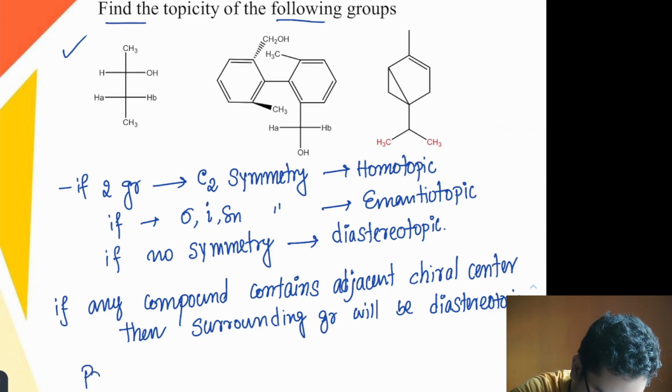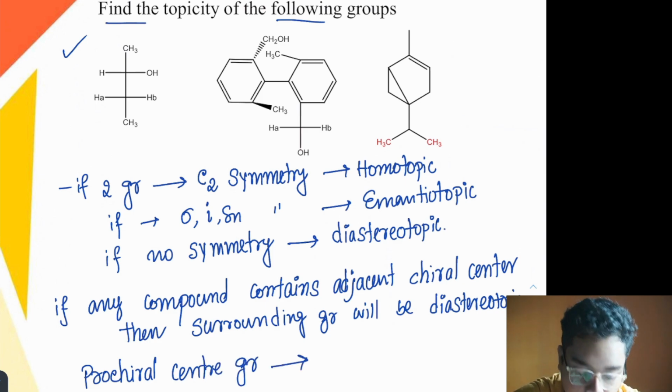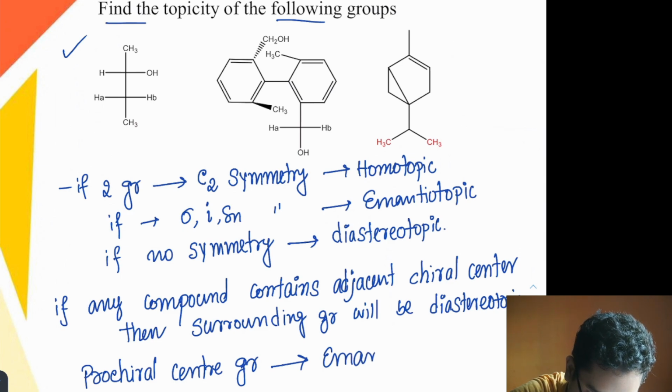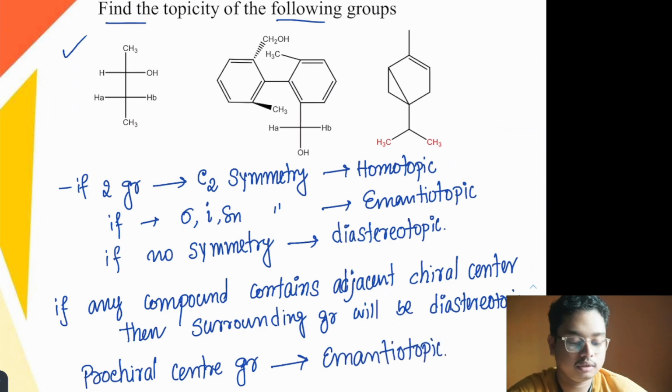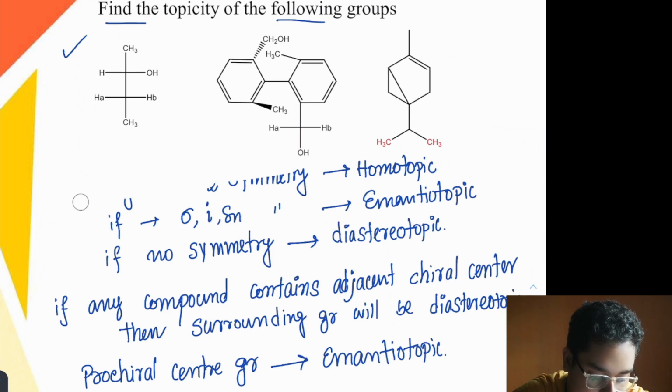Similarly, the groups on a prochiral center will be enantiotopic. This is a very brief summary of determining topicity. So just write down all those things, and after that we will discuss the question and answer. I will simply remove this particular thing, just to remind you of these things.